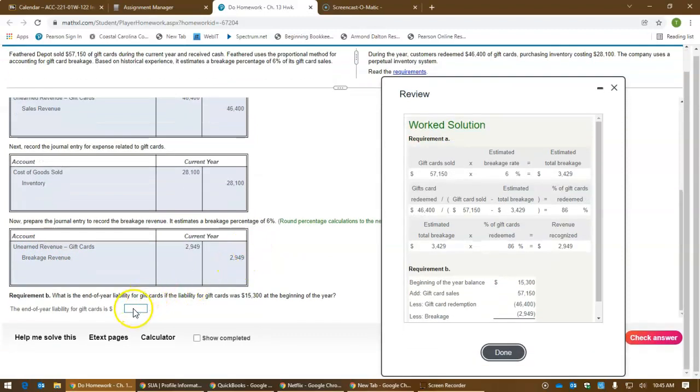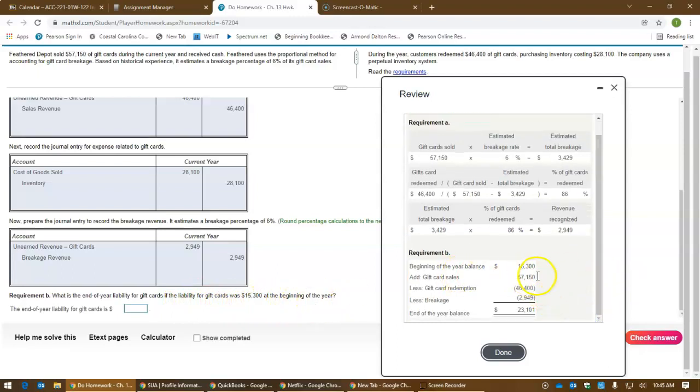And then the last question, what is the end of year liability for gift cards if the liability for gift cards was $15,300 at the beginning of the year? So the beginning balance, it gives you that $15,300, additional gift card sales $57,150, subtract how many were redeemed, $46,400, subtract the breakage, the amount that we have labeled as breakage revenue, that those gift cards are lost.